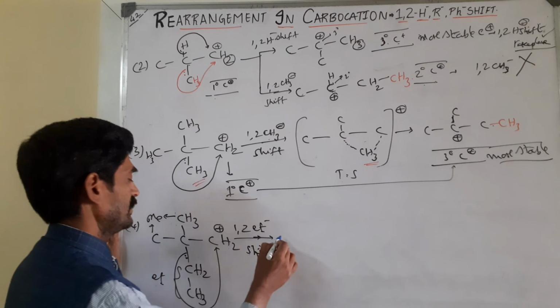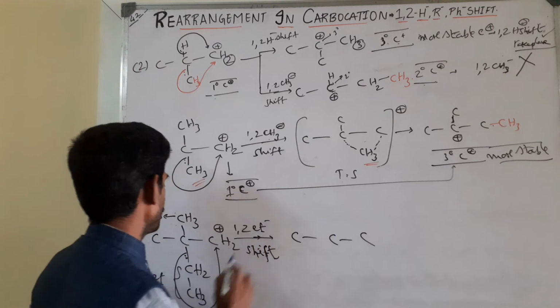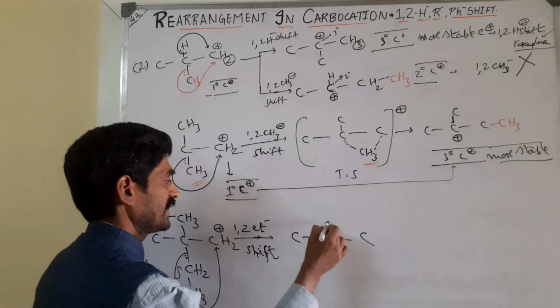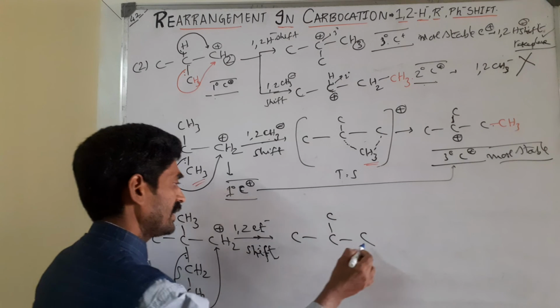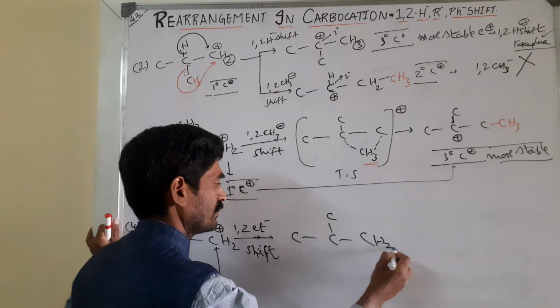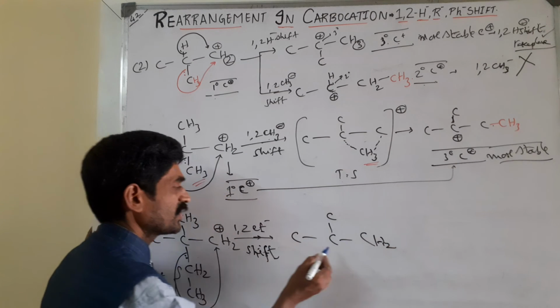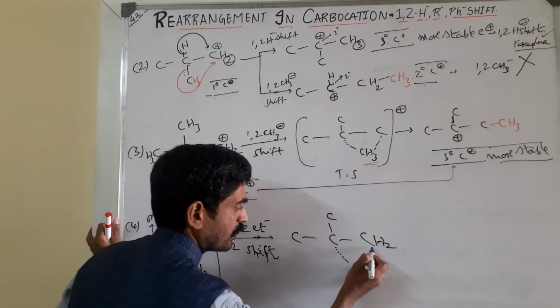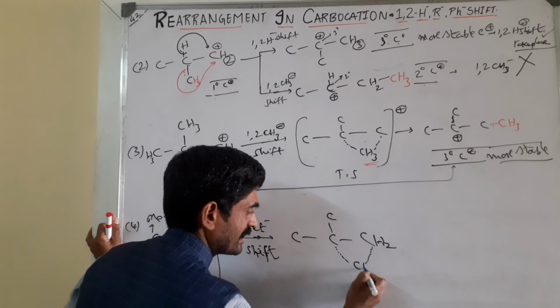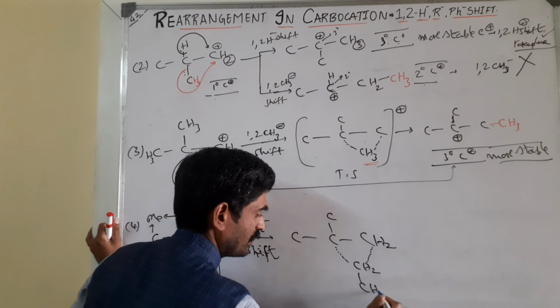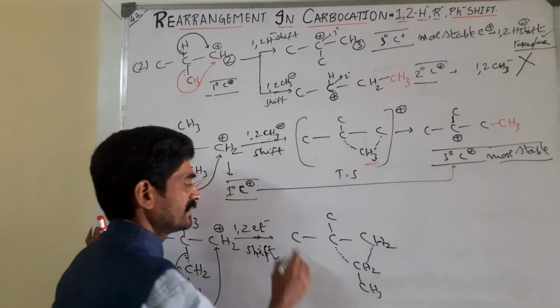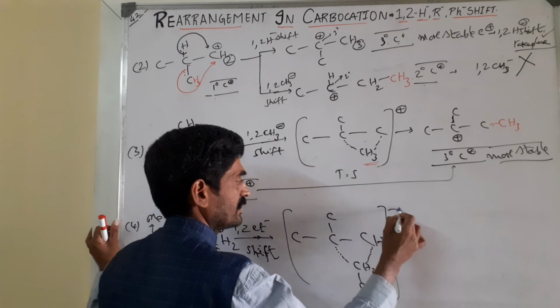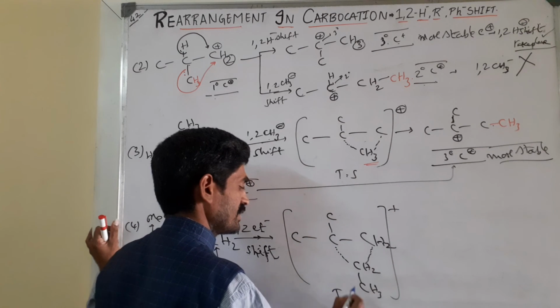You will get this carbon, with a methyl group, and this CH2 plus. Then this ethyl group makes a bond with this carbon, that is CH2CH3. Then it is a transitional state.